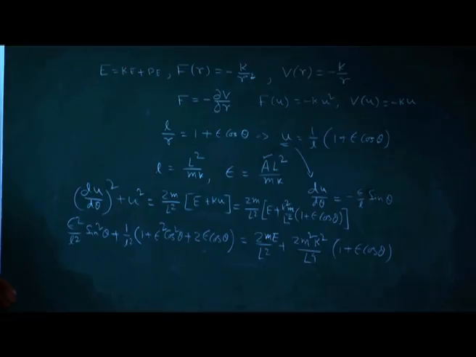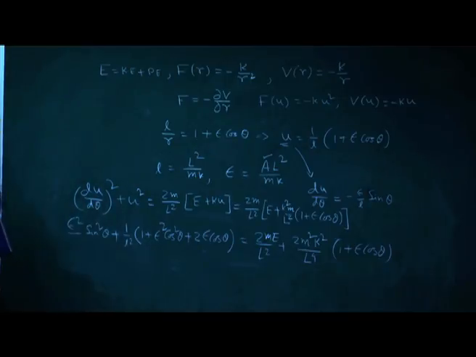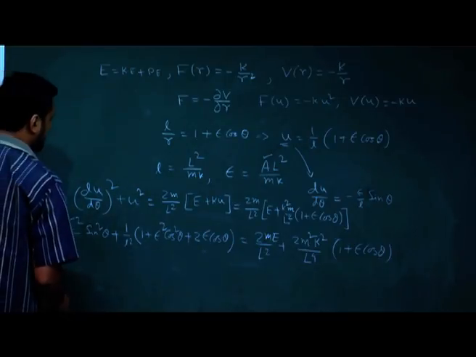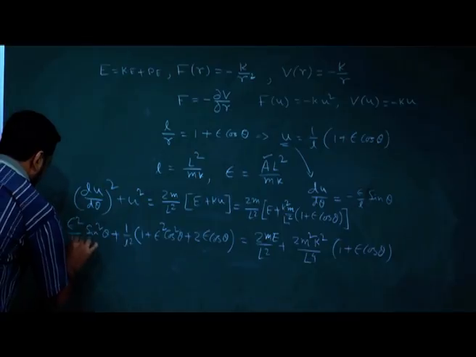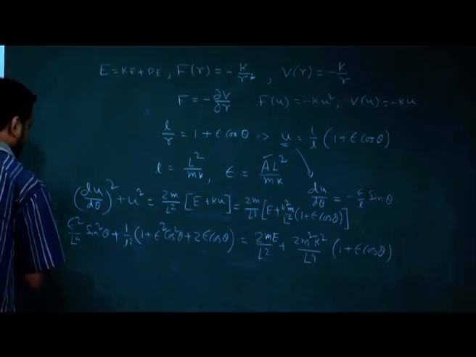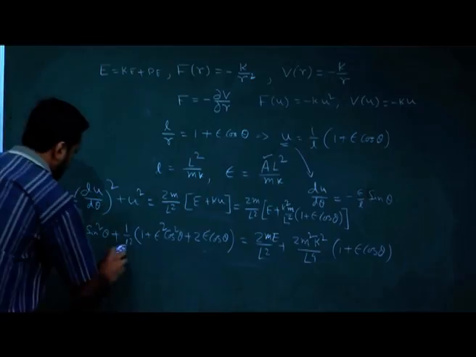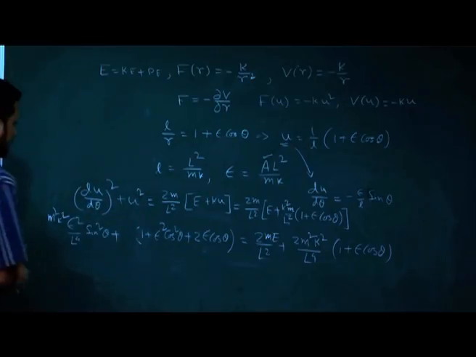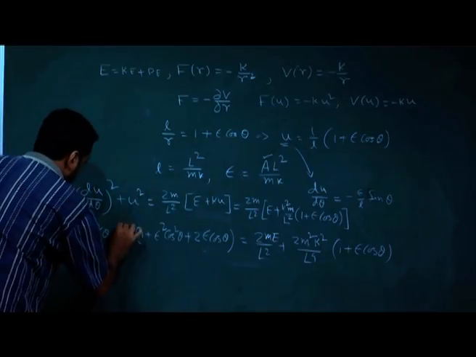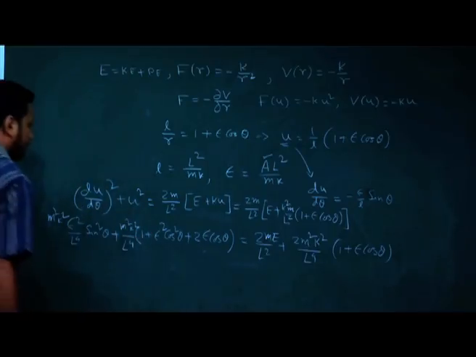Now, here also we have to substitute the L square. L square here will be replaced by L to the power 4 by m square k square. Here also we substitute it by k square by L to the power 4.